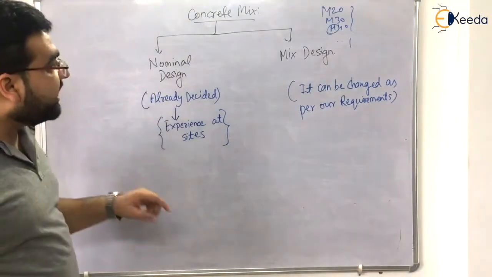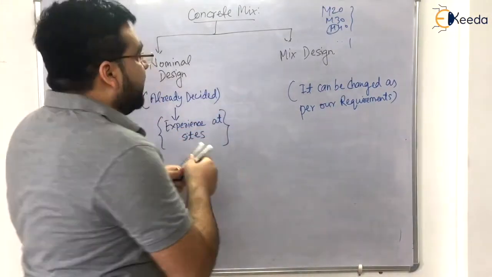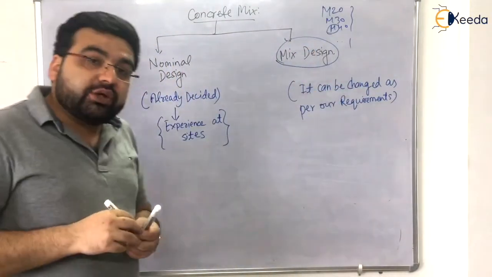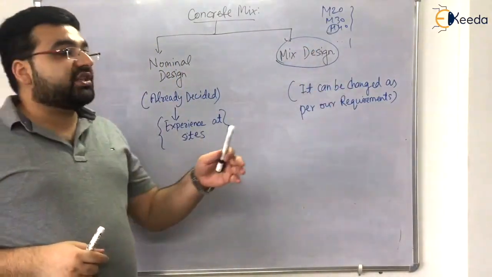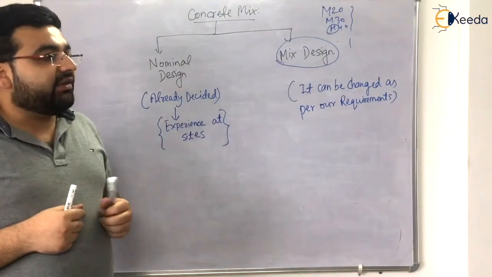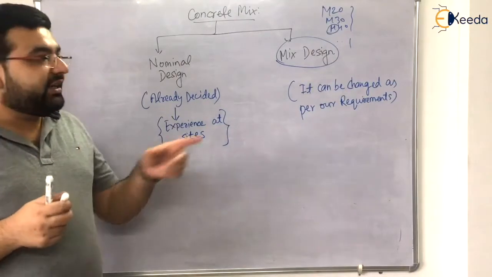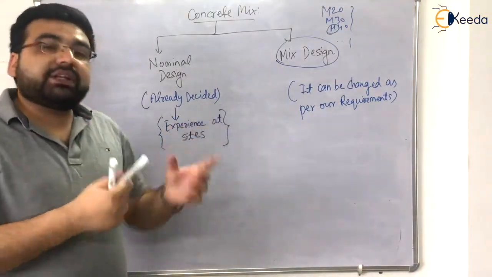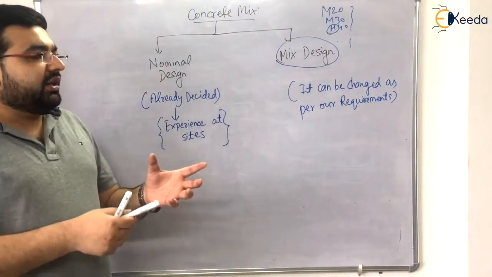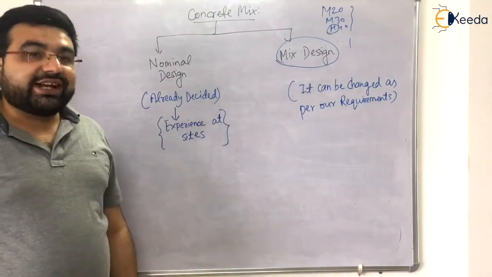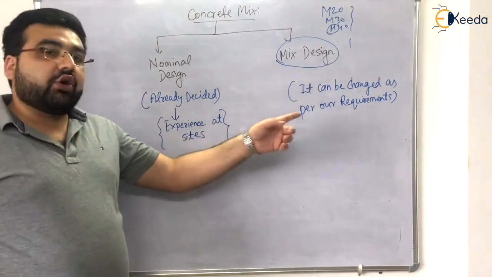Okay. Now, the second thing is the mixed design. This is important. What we do is, for example, you are not satisfied with the nominal design, right? At that time, you will design a concrete as per your requirements. For example, if the coastal area is very near to the construction site, you will design your concrete by yourself.